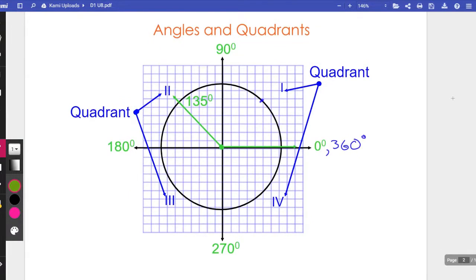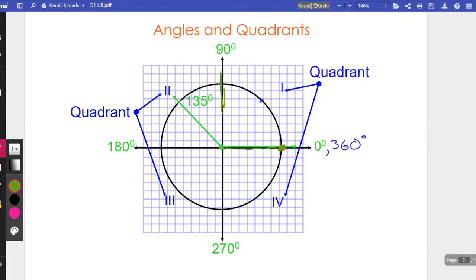This also has to do with quadrants, since the initial side's always on the positive x-axis spot. From 0 to 90 degrees, meaning if we started right there and ended at 90 degrees, that's the y-axis, the quadrant created is the first quadrant.